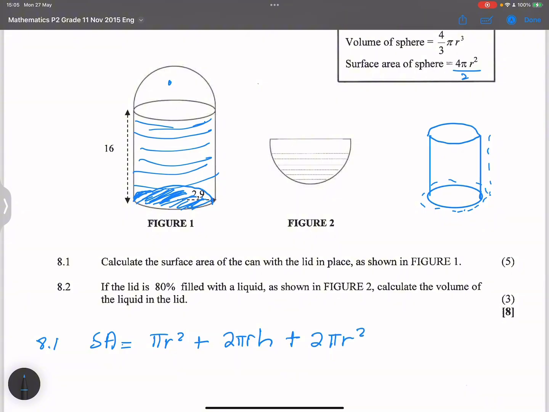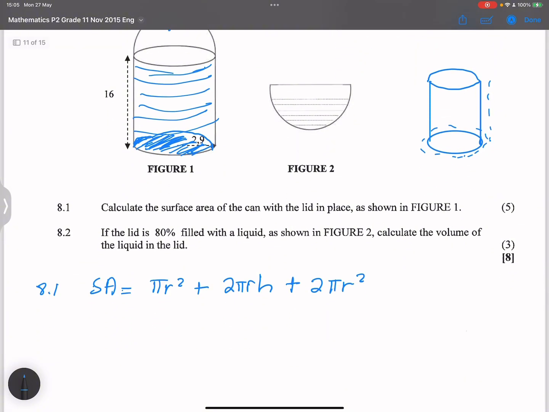Now let's add all of that up. I've got like terms: pi r squared plus 2 pi r squared will give me 3 pi r squared, plus 2 pi r h.